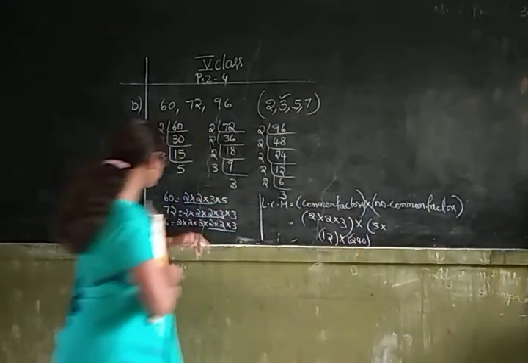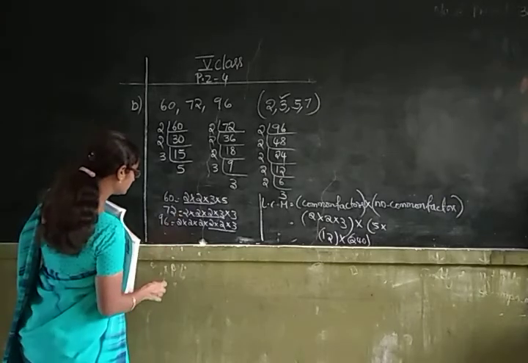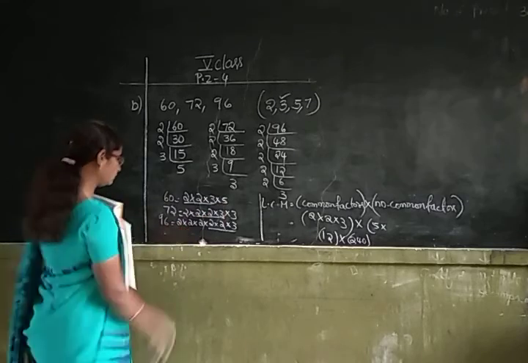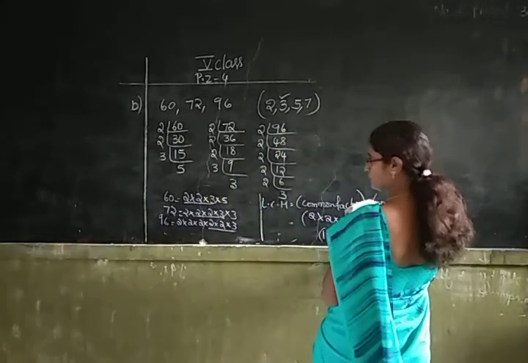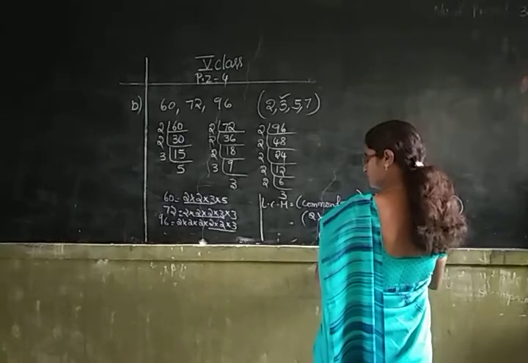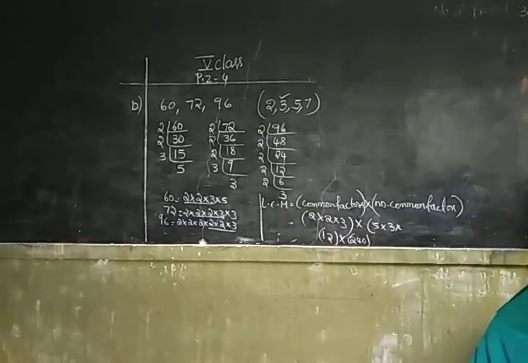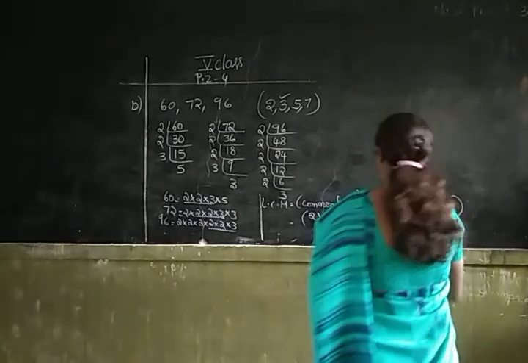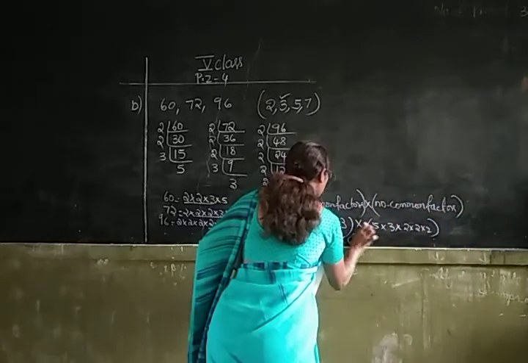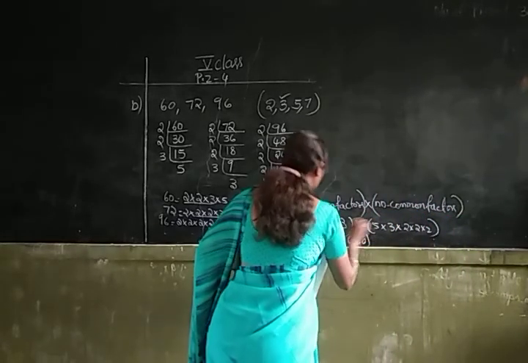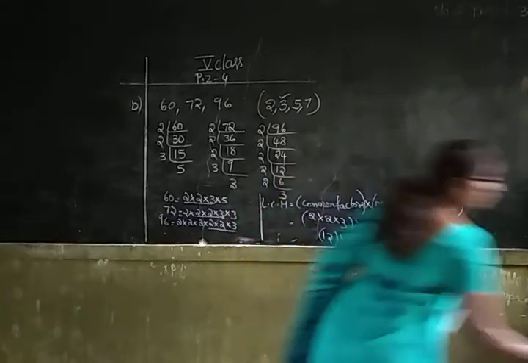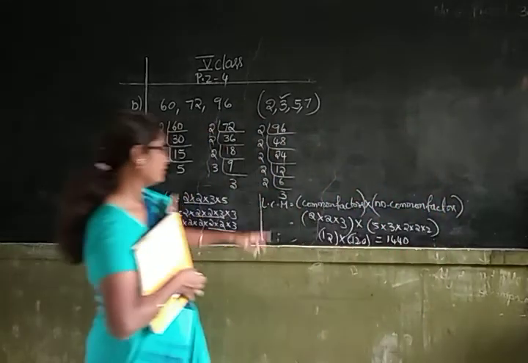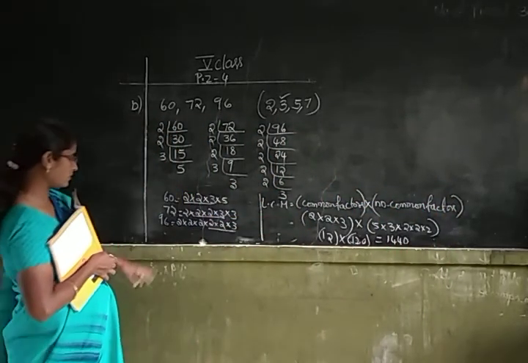Wait children, here, so we have to write 5 into 3 into 2 into 2 into 2. So here we get 120. 12 into 120 is equal to 1440. Okay children, we have to multiply the common factors with non-common factors.